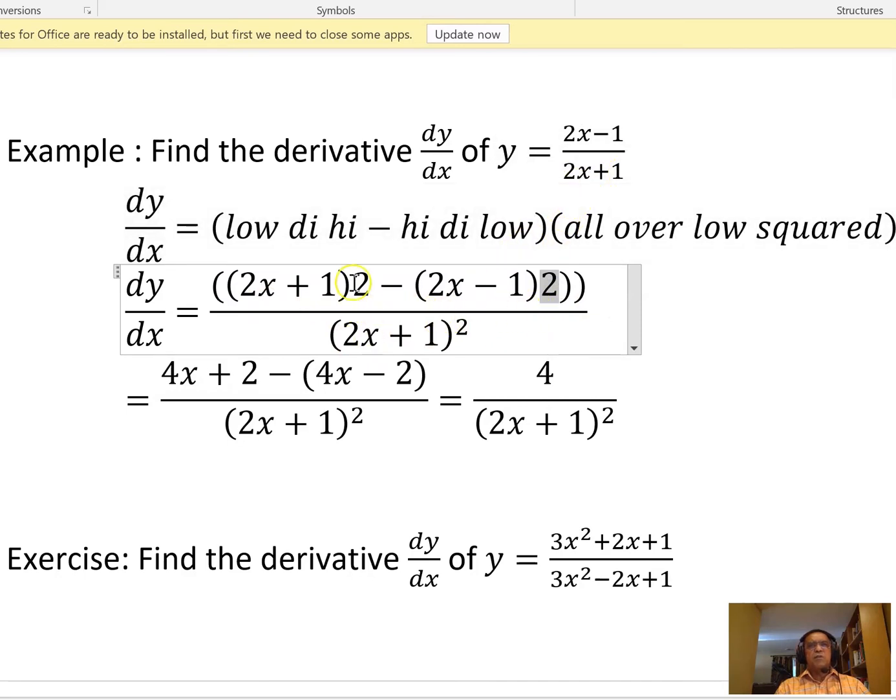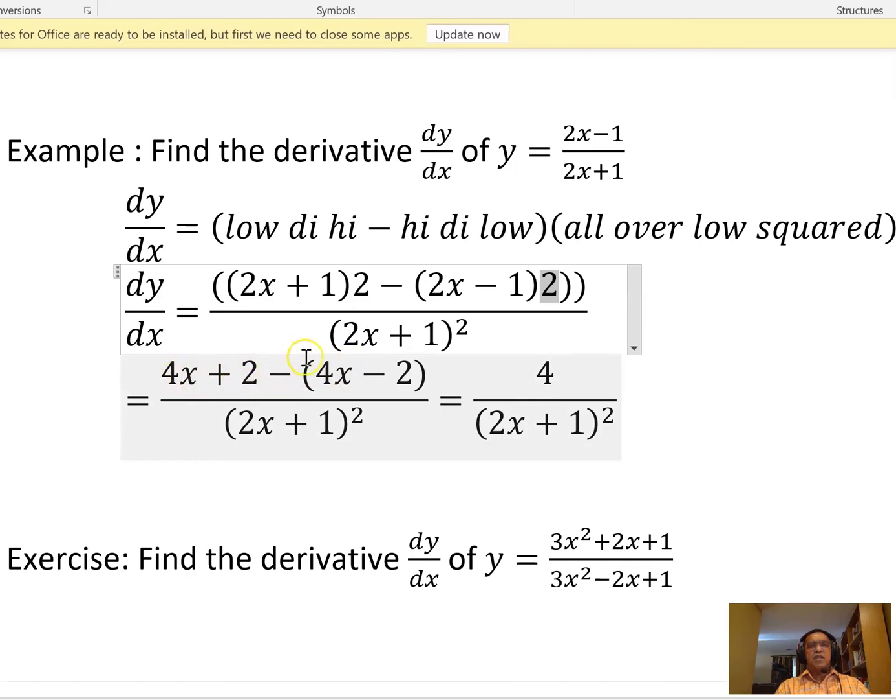If we simplify this, the differentiation is now done, but you need to simplify a little bit. So you FOIL this, you get 4x here plus 2. Subtract quantity, again make sure that you put the parentheses. So 2 times 2x is 4x minus 2. You get rid of the parentheses, you distribute the negative across, and you get negative 4x, which cancels off with the positive 4x here.